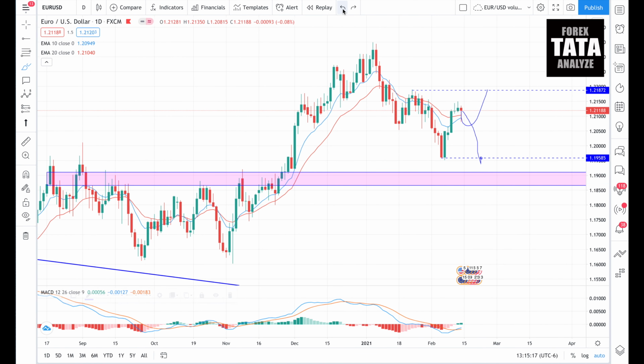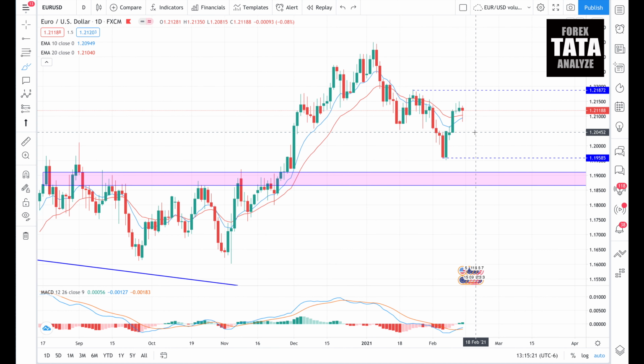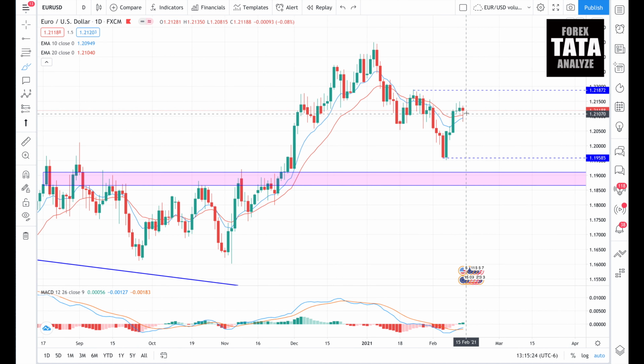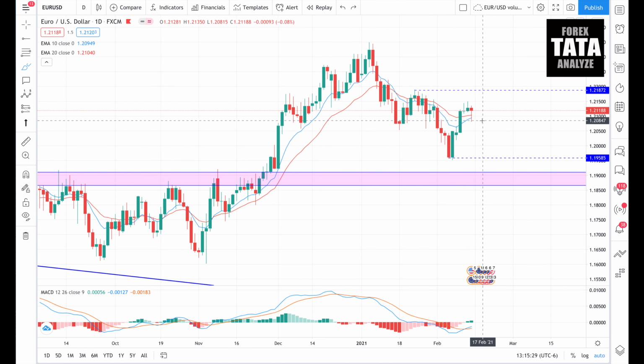Okay, let me remove this real quick from here. Now, last week was closed with this red candle, which basically says that we should expect another candle to fill this week, but we don't know if it will fill it completely and go down, or it will create a second wave to the upside and retest this level.